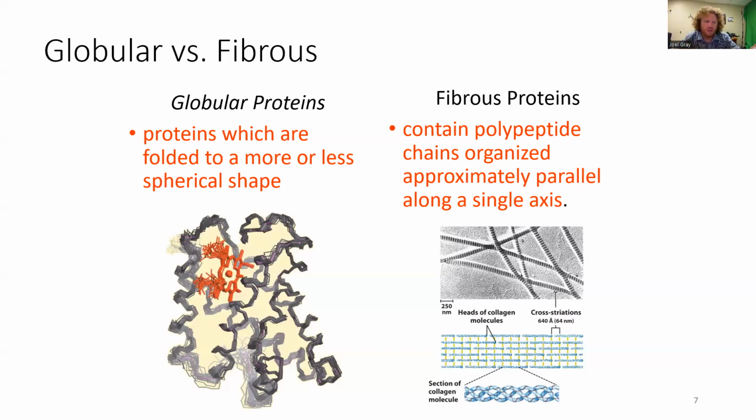That would be an example of a globular protein. So the key with respect to fibrous proteins is that these are polypeptide chains, or in most cases, multiple polypeptide chains organized parallel to a single axis. So they're working along a single axis.